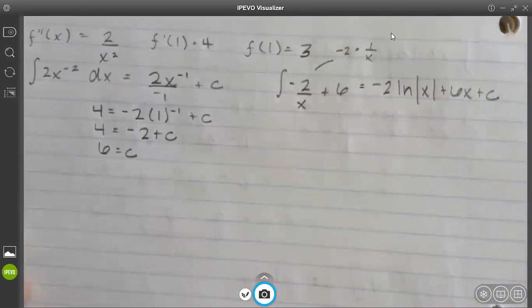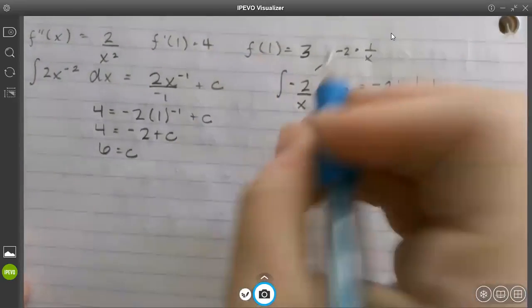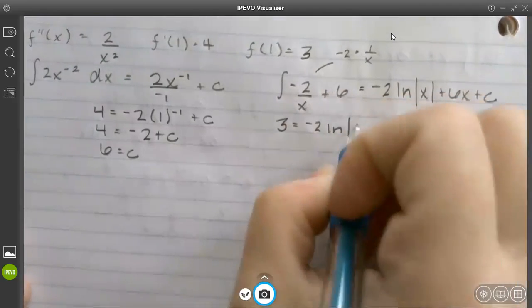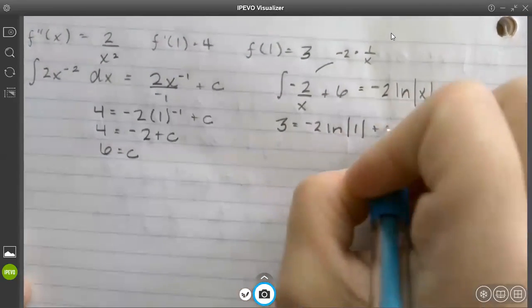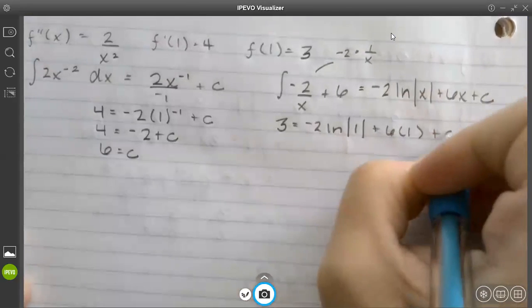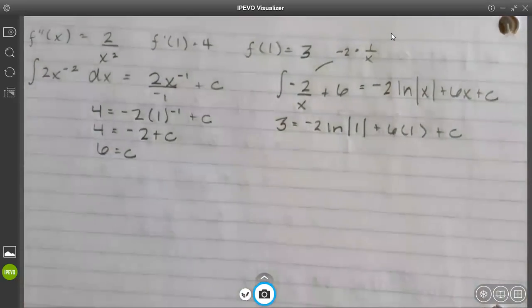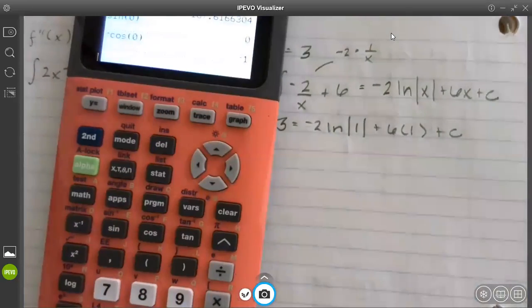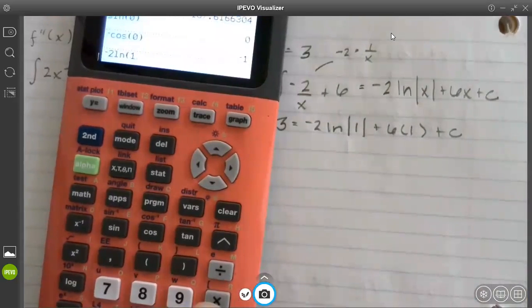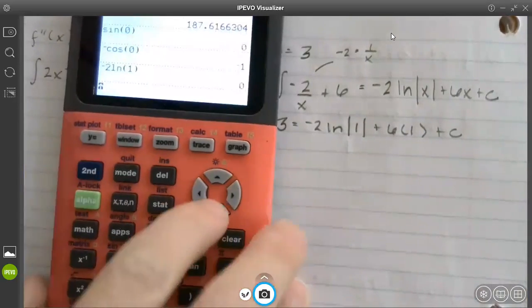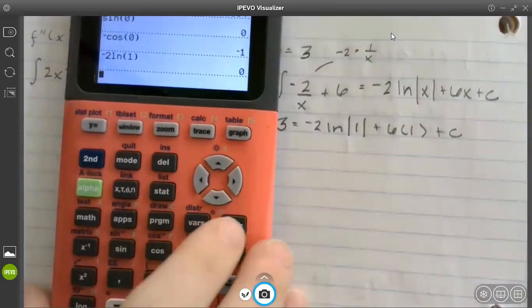To get the C, it says plug in 1, you should get 3. So 3 equals -2 ln absolute value of 1 plus 6 times 1 plus C. -2 ln 1 is, you can't see it, 0.